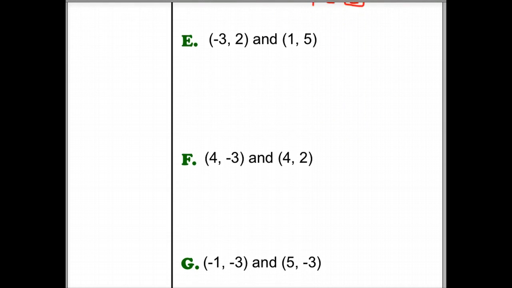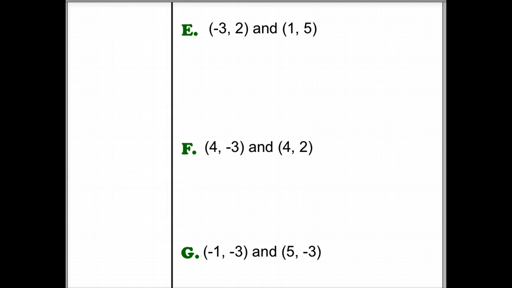Let's try some more examples of this. What I want to do again is create those t-tables. We have x and y, -3, 2, and 1, 5. So for our change in y, we're adding 3, and for our change in x, we're adding 4. So now we can rewrite this.